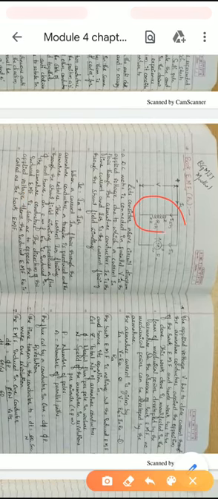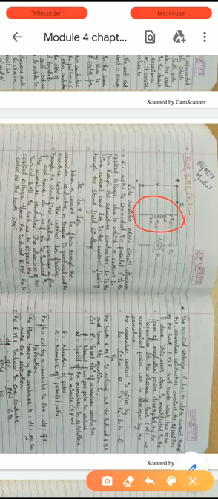The change in magnetic flux induces an EMF according to Faraday's law, E is equal to d phi by dt. The direction of that induced EMF will always oppose the cause due to which the EMF is induced.